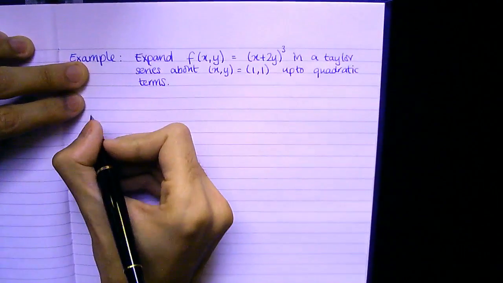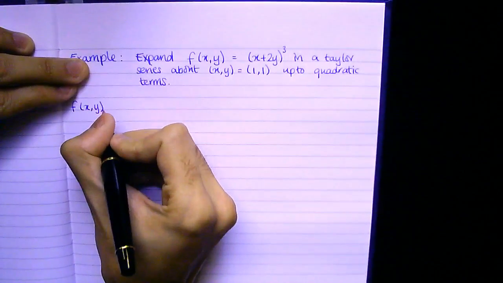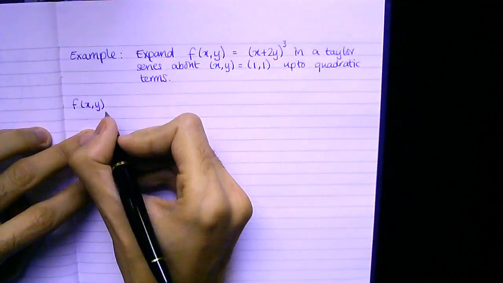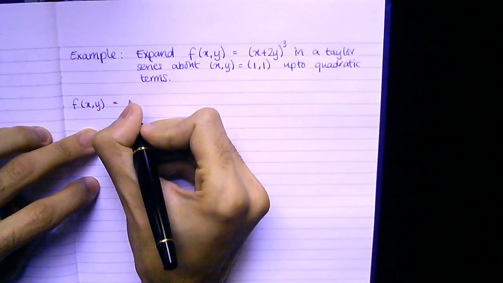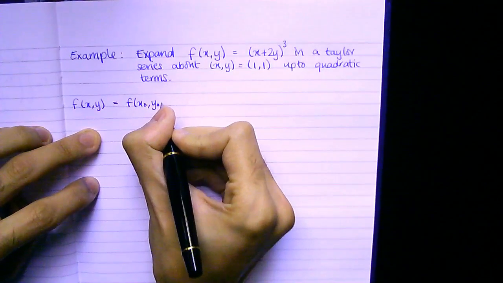Okay, so let's write down the Taylor series formula. So I have my function f(x,y), and this equals the following.